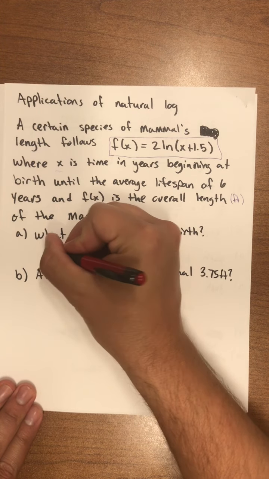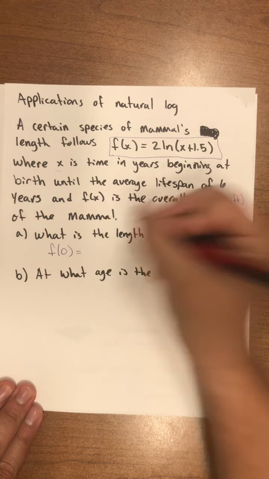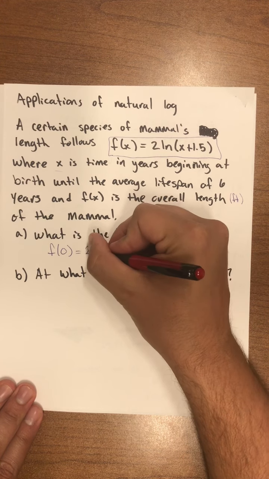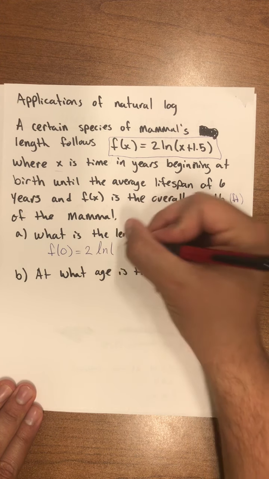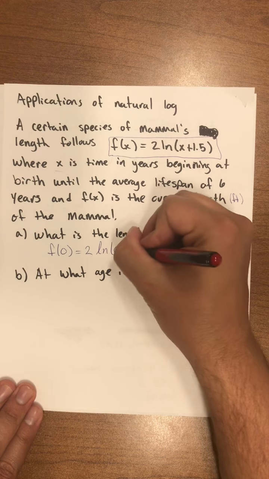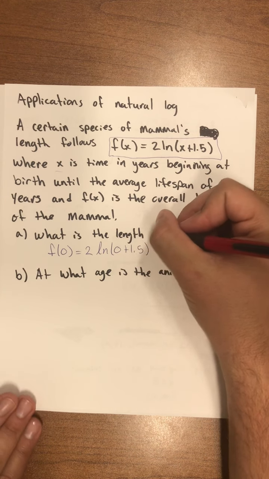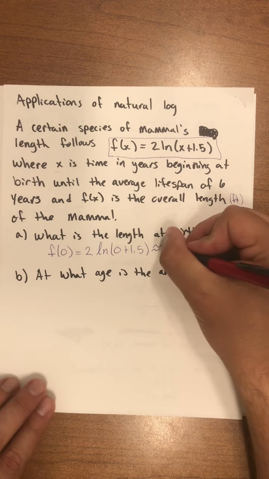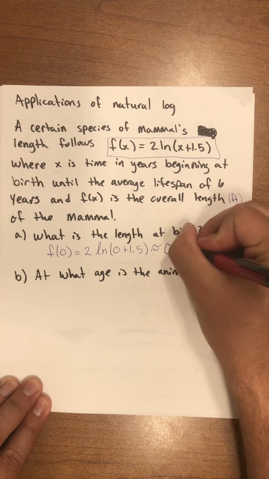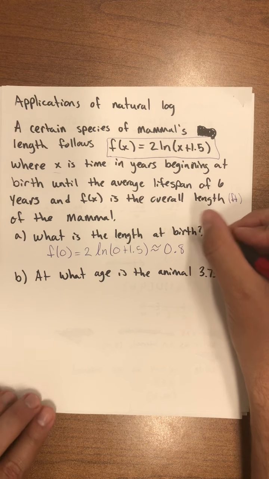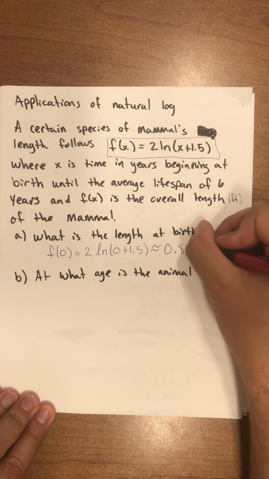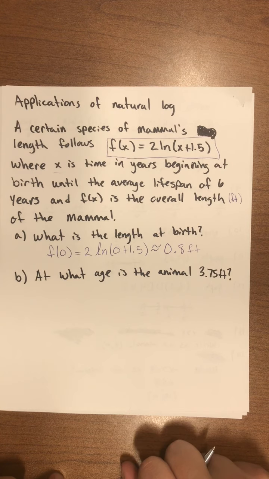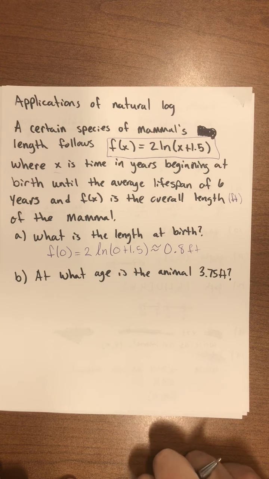So we would do f of 0 equals 2 times the ln of 0 plus 1.5, and type that into the calculator. It's about 0.8, and we are using feet in this particular example.